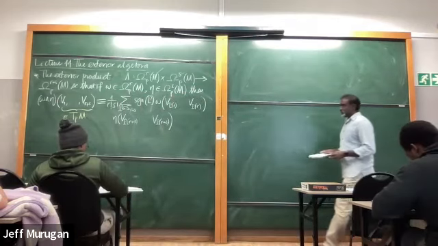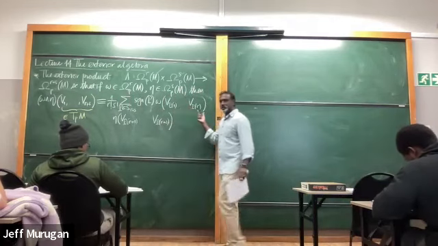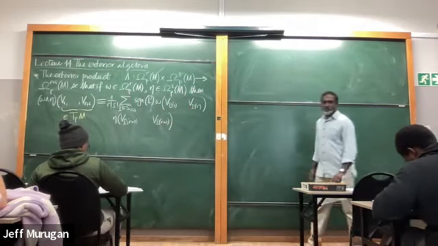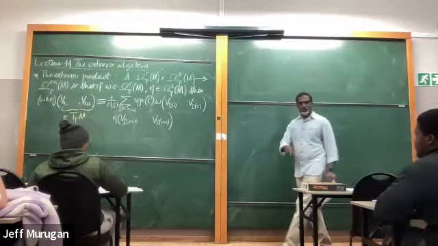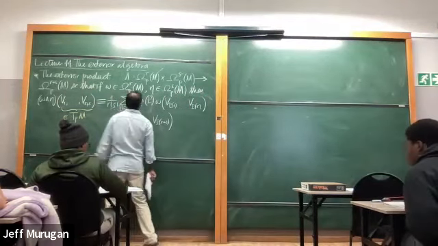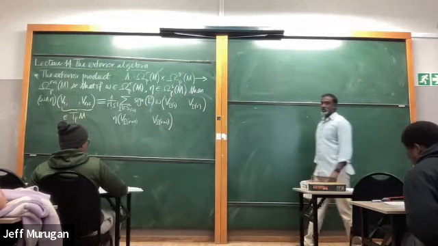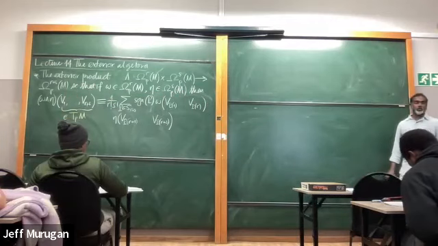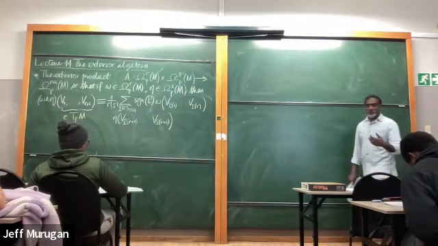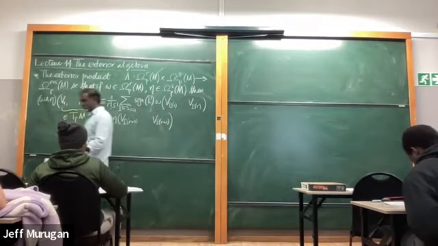Obviously, if R plus S is bigger than M, then one of these indices will be repeated. And if one of those indices is repeated in a completely antisymmetric thing, then it's identically 0. So I can exterior product any R form with any S form, and I'll get a non-zero answer in general as long as R plus S is less than M. If R plus S is greater than M, then this is identically 0.